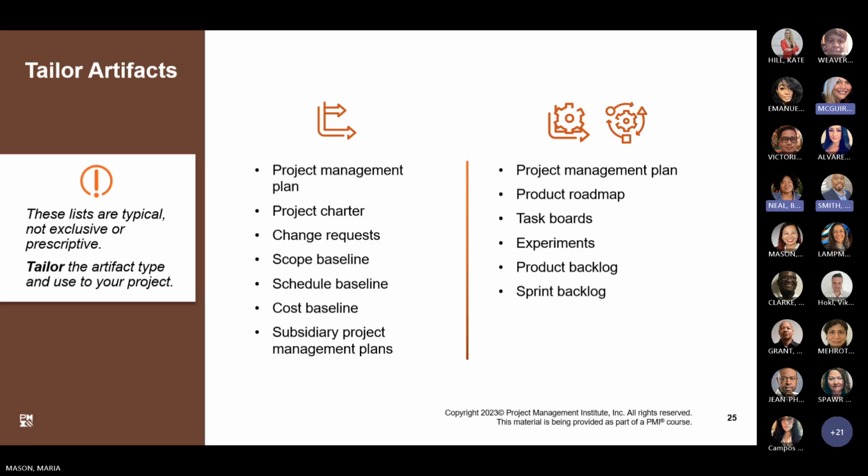The list shown there can be considered what's typical on a project, but it's not exclusive. Artifacts typical or predictive include project charters, change requests, and baselines. Those are standard on all projects.